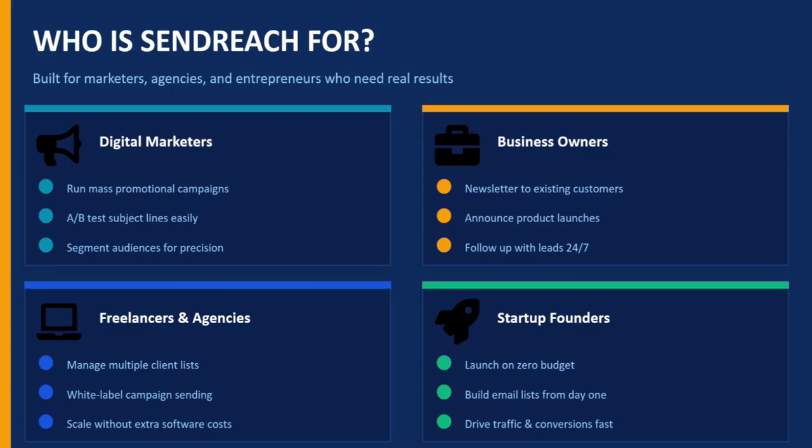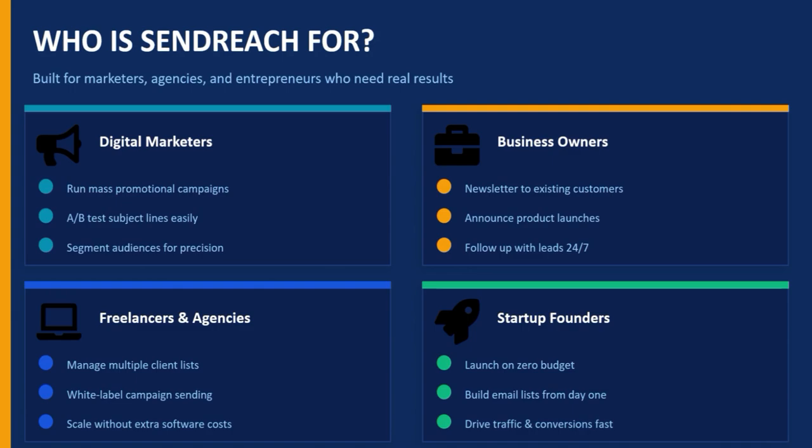Who is SendReach Sender for? Built for marketers, agencies and entrepreneurs who need real results. Digital marketers run mass promotion campaigns, segment audiences, business owners send newsletters to existing customers and announce product launches, freelancers and agencies manage multiple client lists, white label campaign sending, scale without extra software cost.